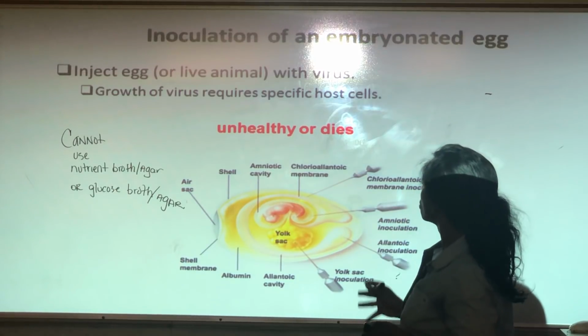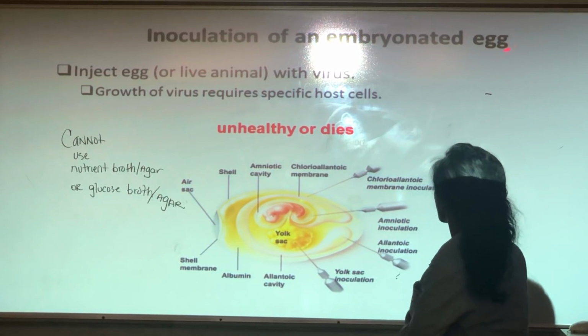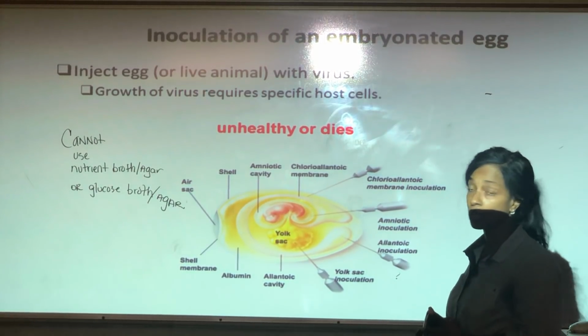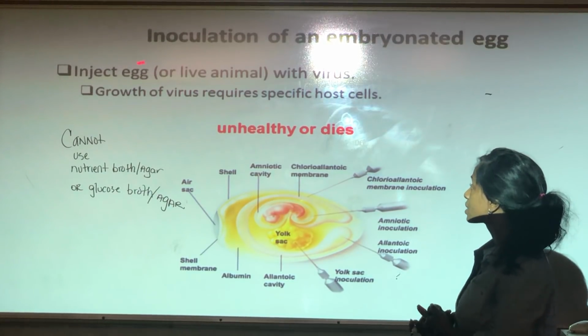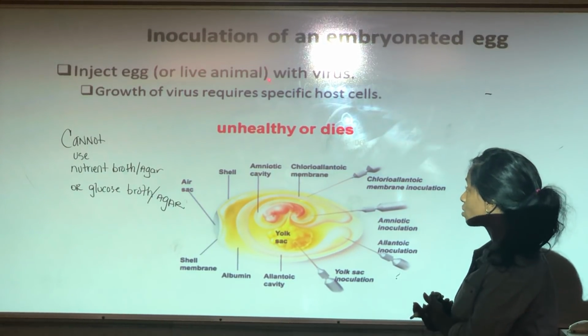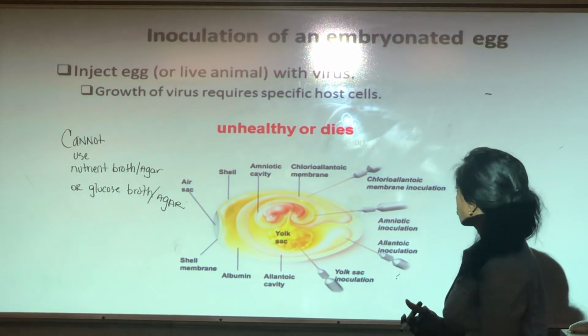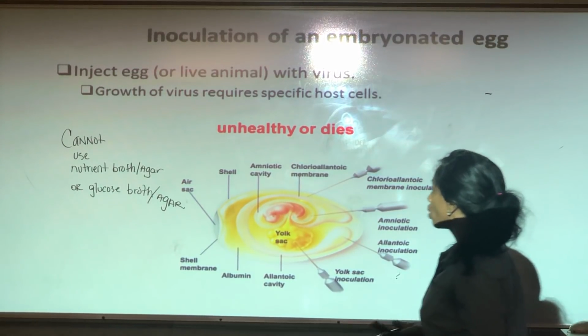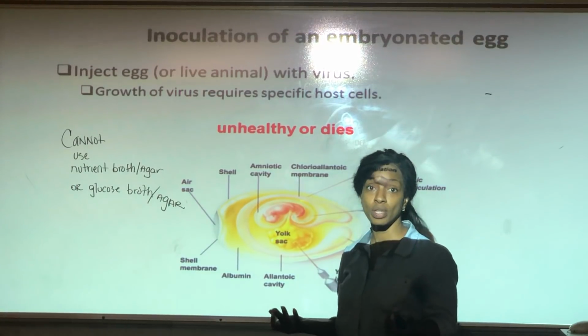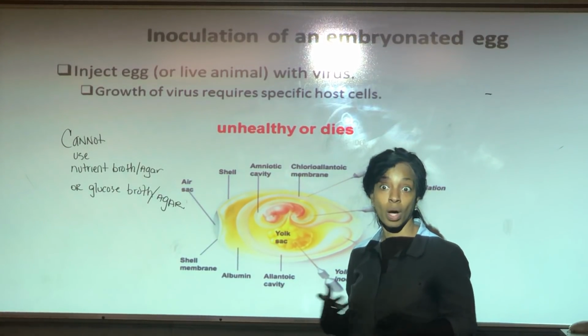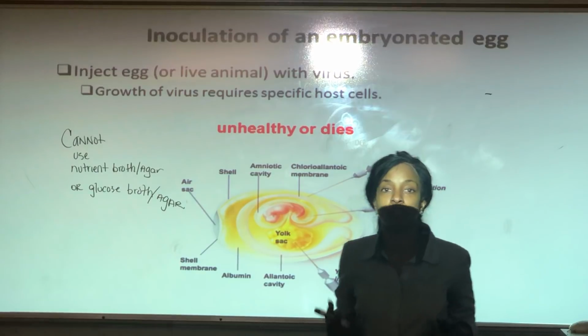One way to do this is by growing them in an embryonated egg, an egg that has living cells. You either grow the virus in an egg or in a live animal. When the virus grows, the living organism will show some sign that it has been infected.